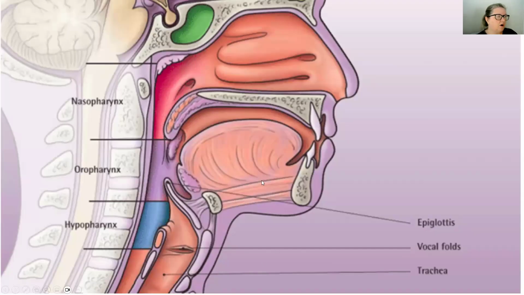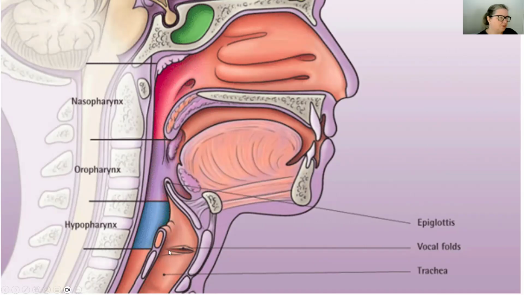Here is how our pharynx, or the throat, is divided. The area where the nasal cavity connects with the throat is called the nasopharynx. Makes sense, right? Nasal and pharynx, nasal and throat. Where the oral cavity or the mouth connects with the throat is called the oropharynx. Oro meaning oral or mouth.